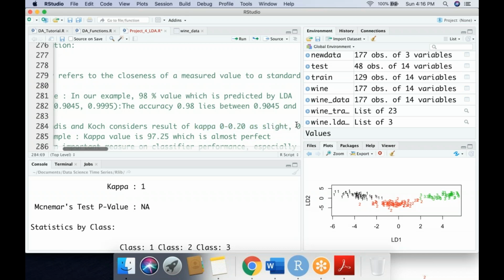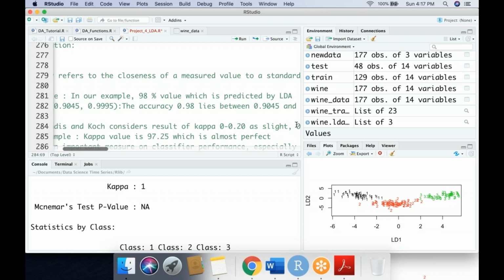For example, if all of us in the class are looking into this and giving our own opinions, what is the level of agreement among our opinions? I am probably telling it is a class 3 wine. Mahendra is talking about a class 2 wine. Bhavita is telling it's a class 2 wine. Alok is talking about a class 3 wine.